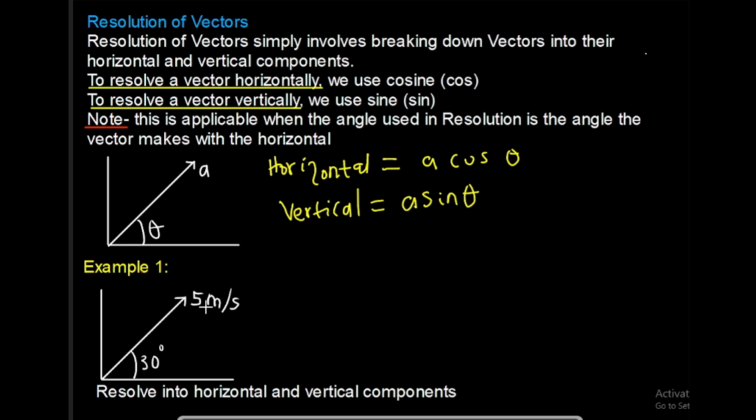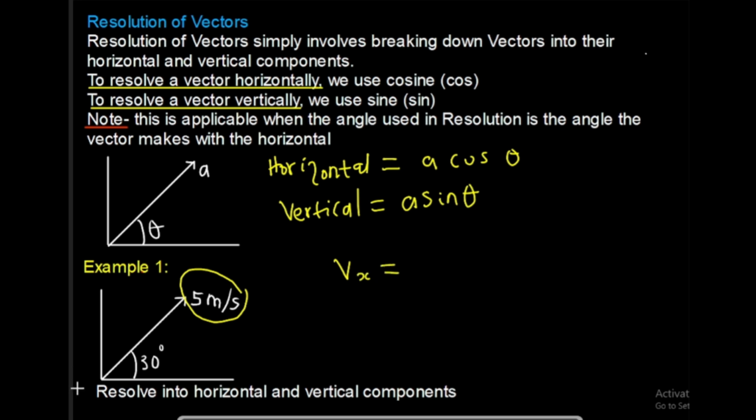Now here is an example. You have a single vector here, and the magnitude of this vector is 5 meters per second. So let's say this is a velocity vector, v. They say resolve into horizontal and vertical components. We can denote our horizontal component with x, so v of x is the horizontal component.